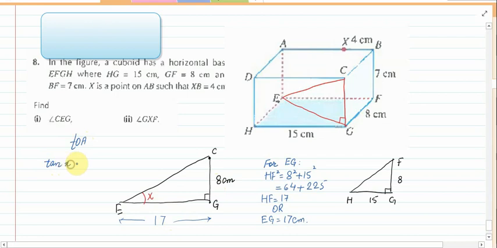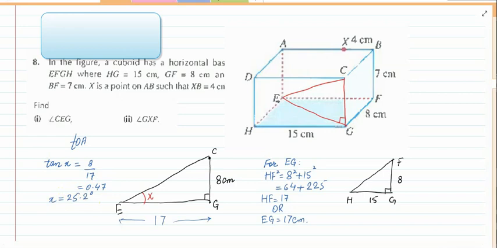Angle is X, opposite is 8 and adjacent is 17. Now we can find the value of X. 8 divided by 17 is 0.47, right? Now you need to take the tan inverse. So X is equal to tan inverse of your answer, it's 25.2 degrees, right?